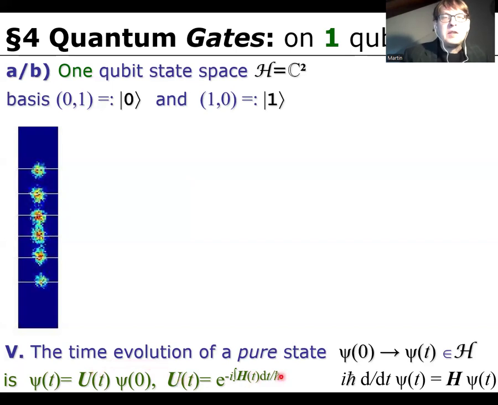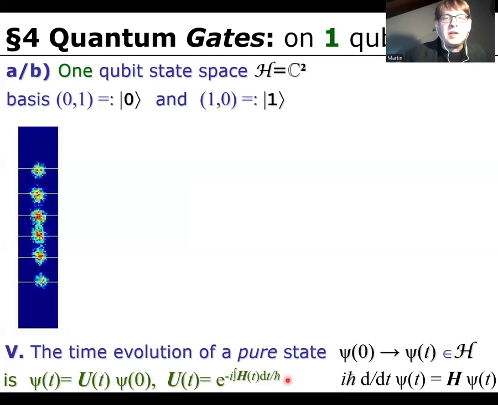And here's an explicit formula for this unitary operator. It's given by the variation of constant formula, which you may or may not know from classical ordinary differential equations. It captures the Hamiltonian, in this case, with time dependency.